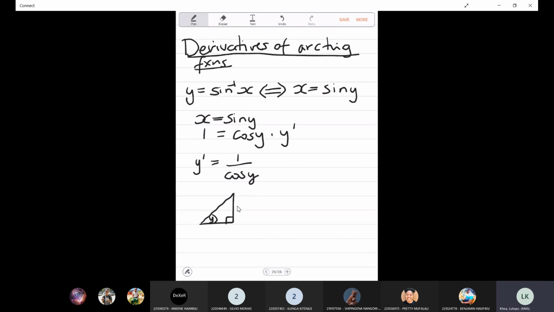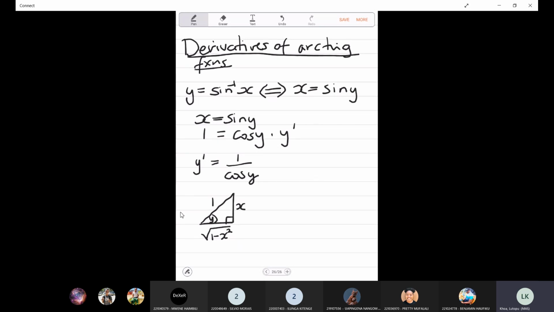So that would mean my opposite is x. My hypotenuse is 1. And because this is a right angle triangle, I can work out this side, and I get the square root of 1 minus x squared.